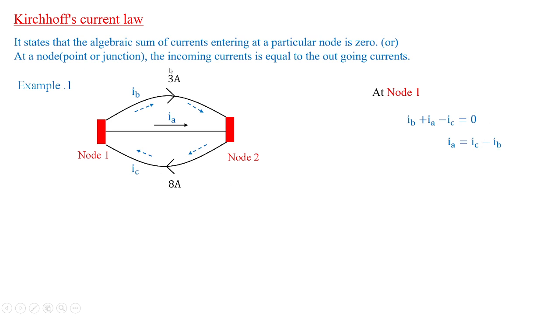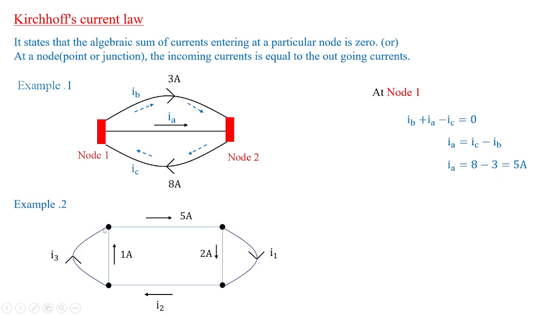IC is given as 8 and IB is given as 3 according to the convention framed. So I'm going to get the value of IA, which is nothing but equal to 5 amperes. Now, if you look into node 2, the 5 amperes and 3 amperes are incoming and 8 amperes is outgoing. So this also satisfies Kirchhoff's current law.